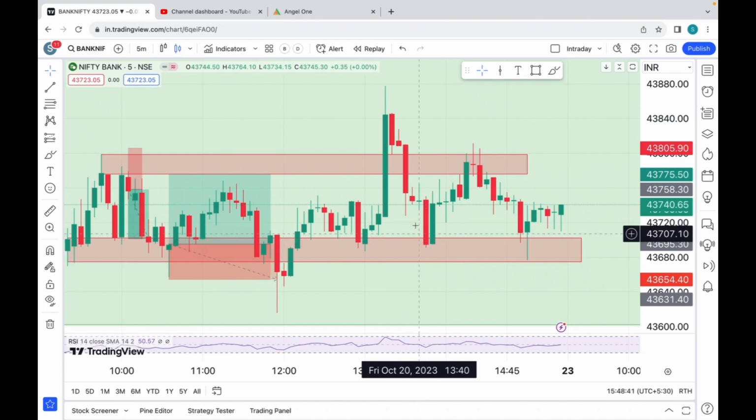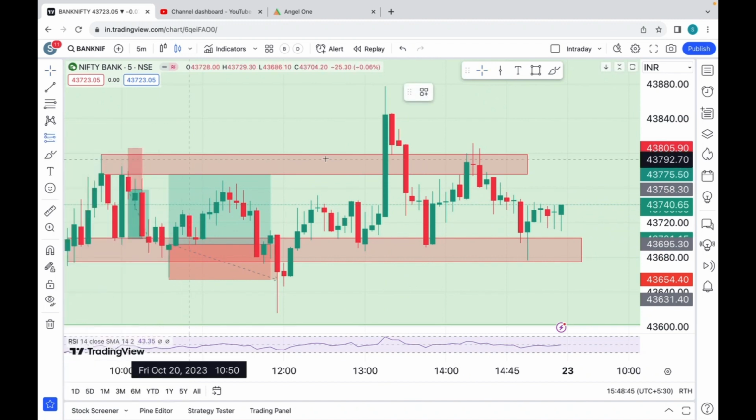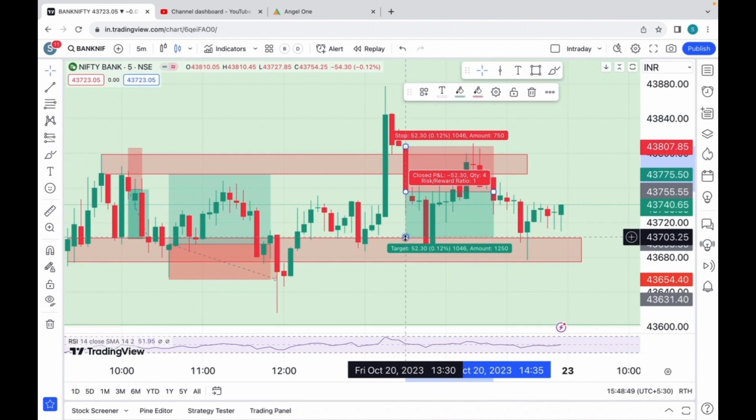So now if it is coming towards the downside, what should be your initial target? You would have entered there, okay, towards the close of that candle, and your target was that initially, okay, that is your initial target.